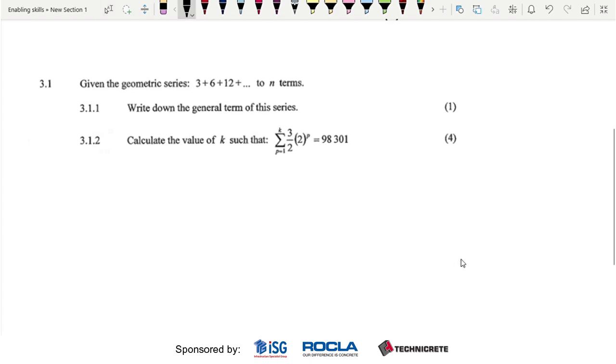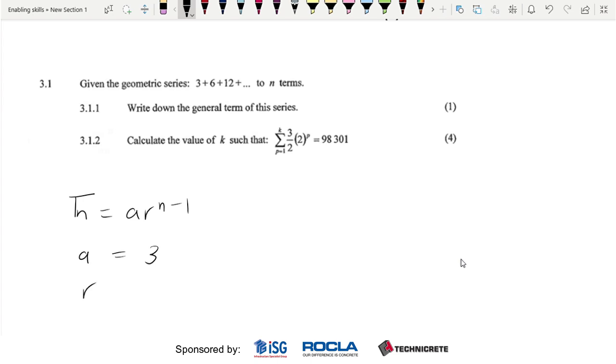So in 3.1.1, let's write down the general term for the series. We know that the formula is Tn is equal to A times R to the power of n minus 1. We know that A is the first term, which is 3.